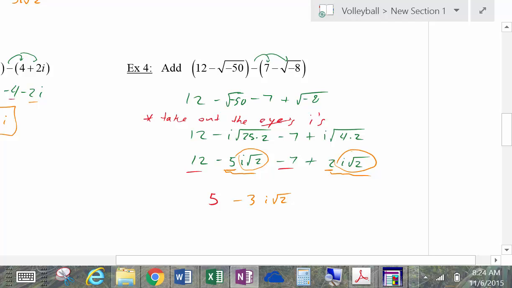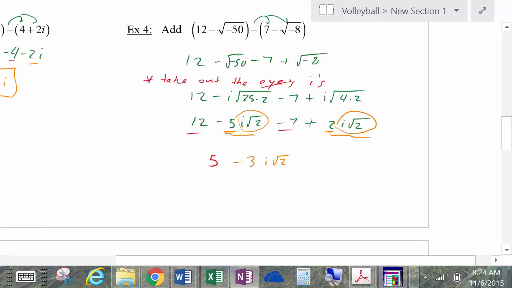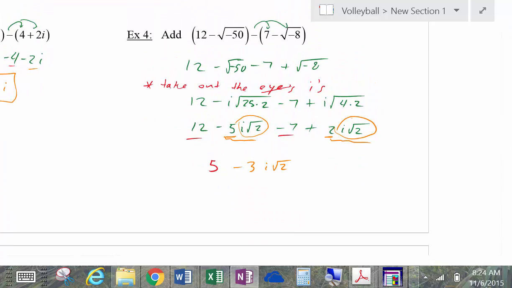Good, so those are like terms. What's that? Yeah, you'd have to leave them separate. You could maybe write them together and factor out the i. Yeah. All right, any questions?